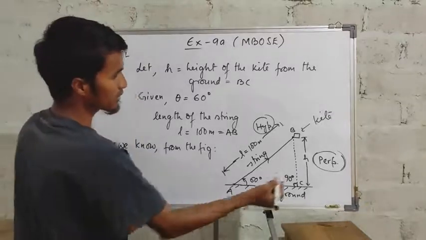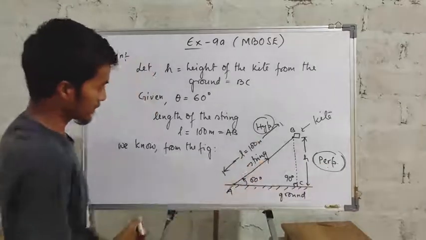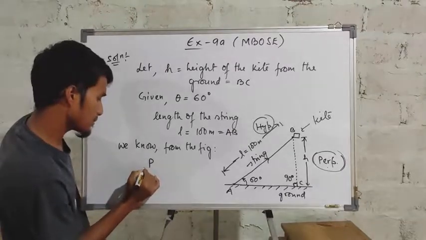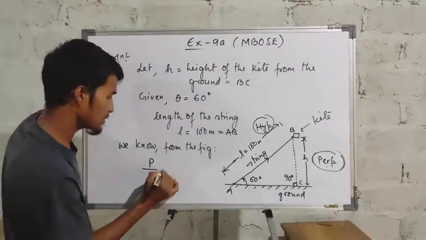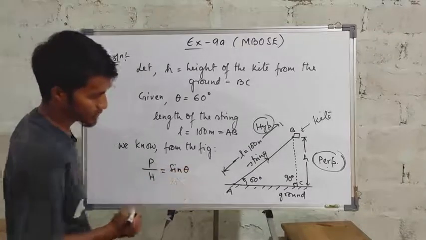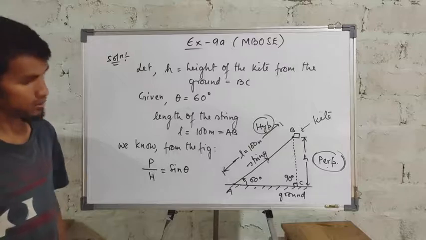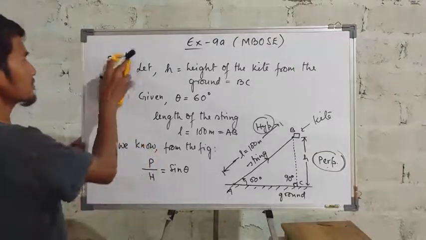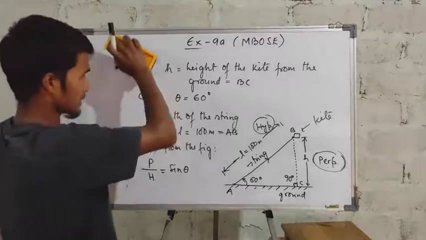Now what's the relation between perpendicular and hypotenuse? I'll write this. The relation between perpendicular and hypotenuse means P by H, which is equal to sine theta. You already know this formula from chapter A. Now we need to find h.